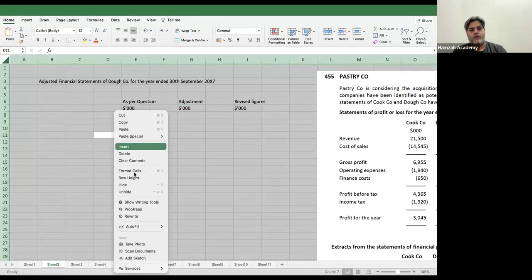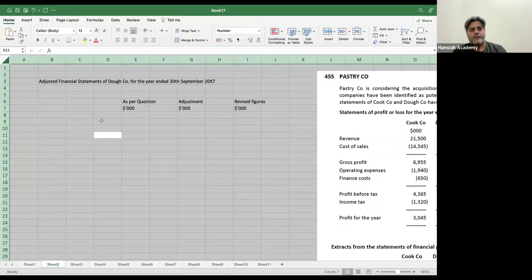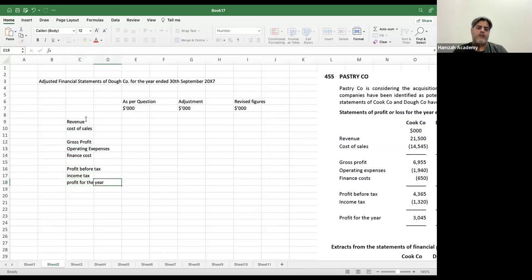Here we go. First thing first, we have the revenue, cost of sales, gross profit, operating expenses. Then we have the finance cost. Then we have the profit before tax. Then we have the income tax. And then we have the profit for the year.